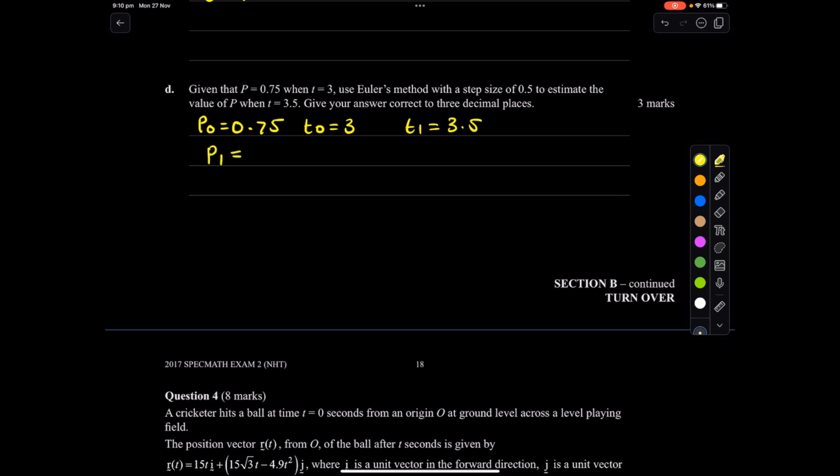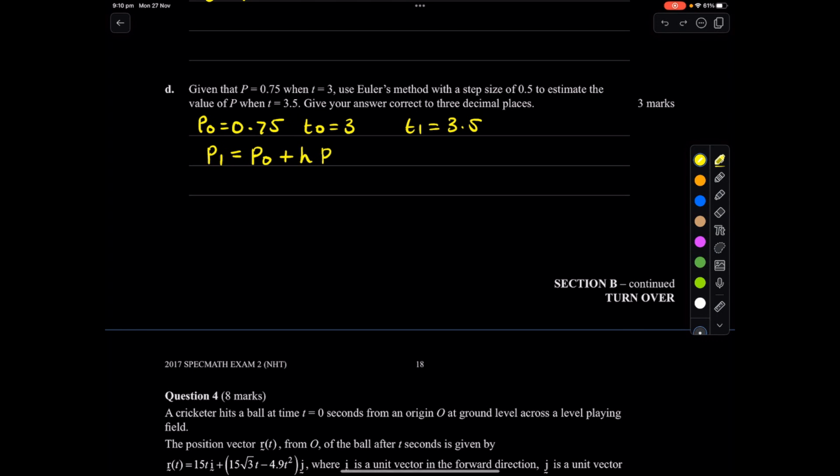For P1, Euler's formula is in your formula sheet. It's just P0 plus your step size times the derivative. Normally it's F, but in this case it's dP, your actual derivative. How would you even write that? Would you just call it P dash?